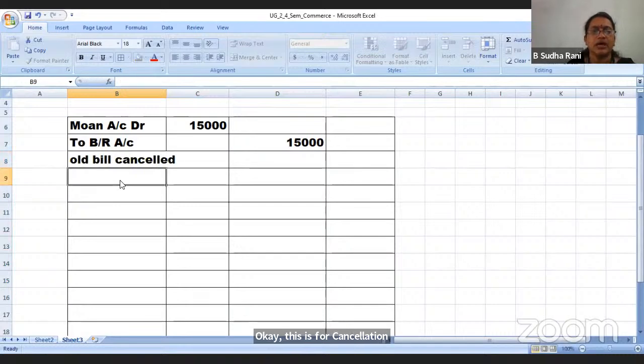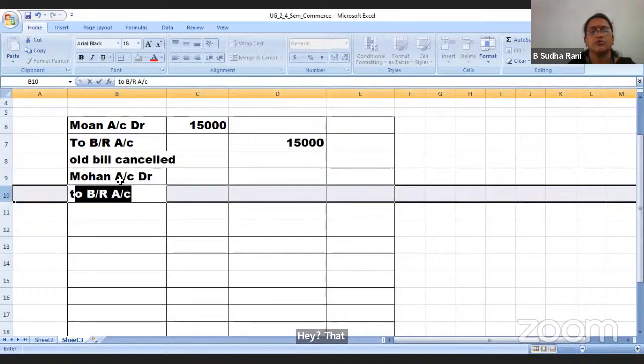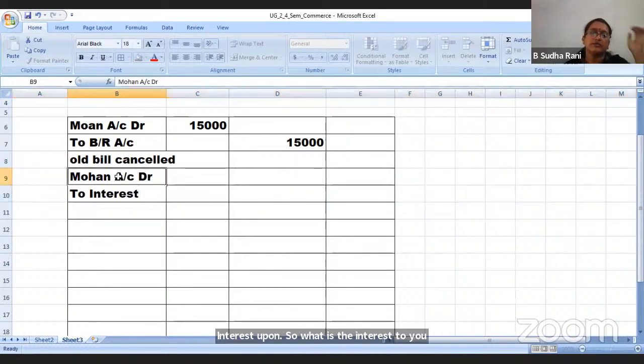The next we have is for interest. For interest, again Mohan account debit to interest account. Sorry, interest is paid by Mohan.